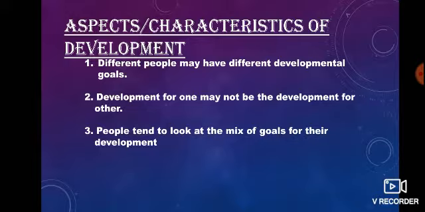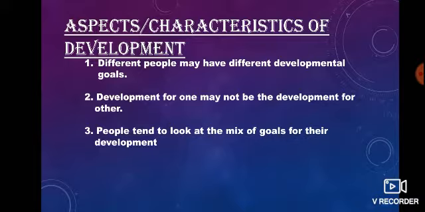From person to person, development varies. Then comes the third and most important aspect, that people tend to look at a mix of goals for their development. Students, please notice the words mix of goals. A single person or a group of people never goes for a single development goal.